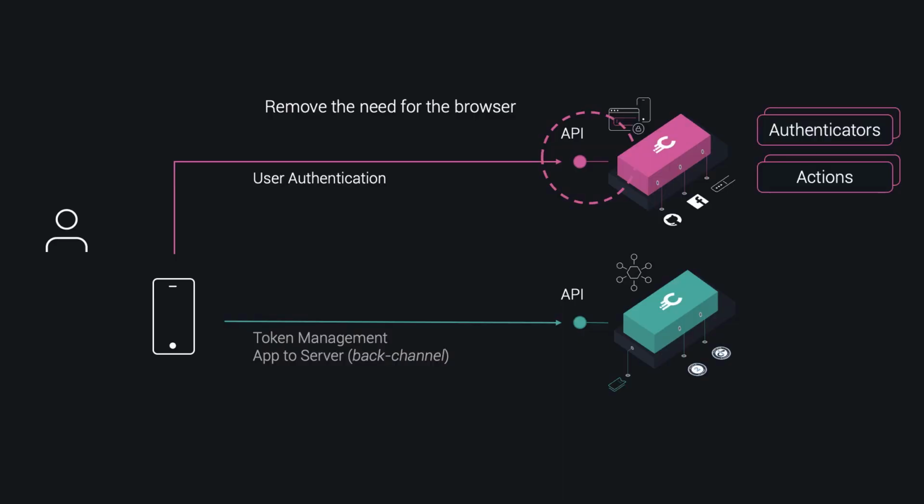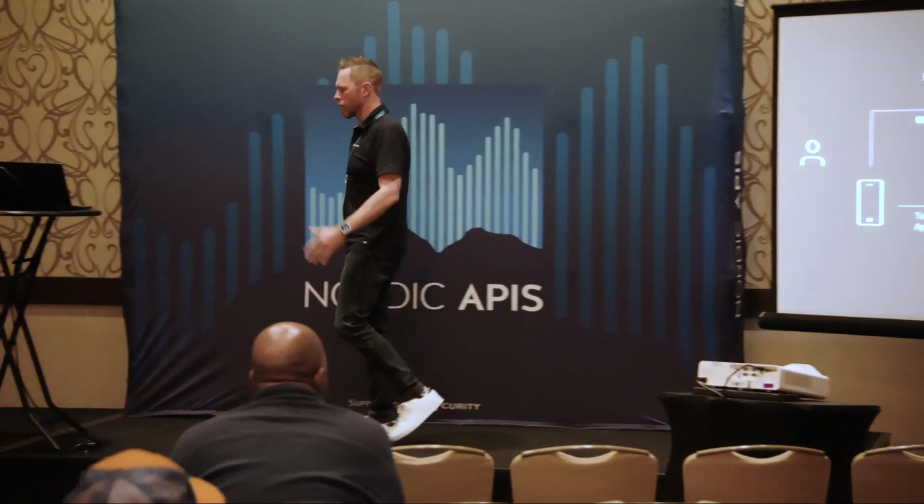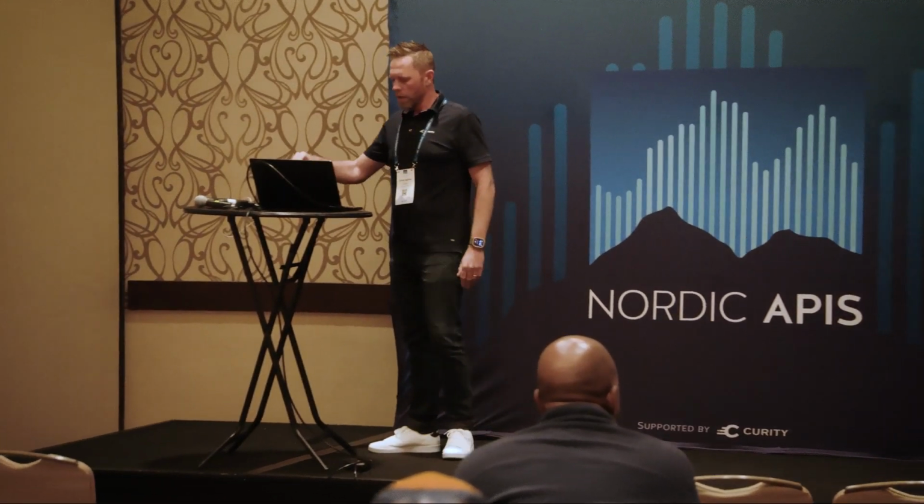We expose a different API on the authorization server, and we run the user authentication natively directly from the mobile application itself without invoking a browser. So all of that is the first part of the title, right? Ditch the browser. So Hoppy solves the need for the browser context on a mobile device.